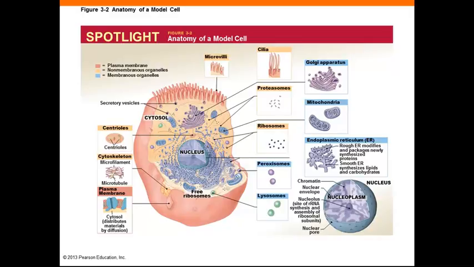And then we also have cilia pictured here. Cilia are kind of like little finger-like projections out into the external environment of the cell, and they're going to burn ATP, but they sweep food particles or dust particles.